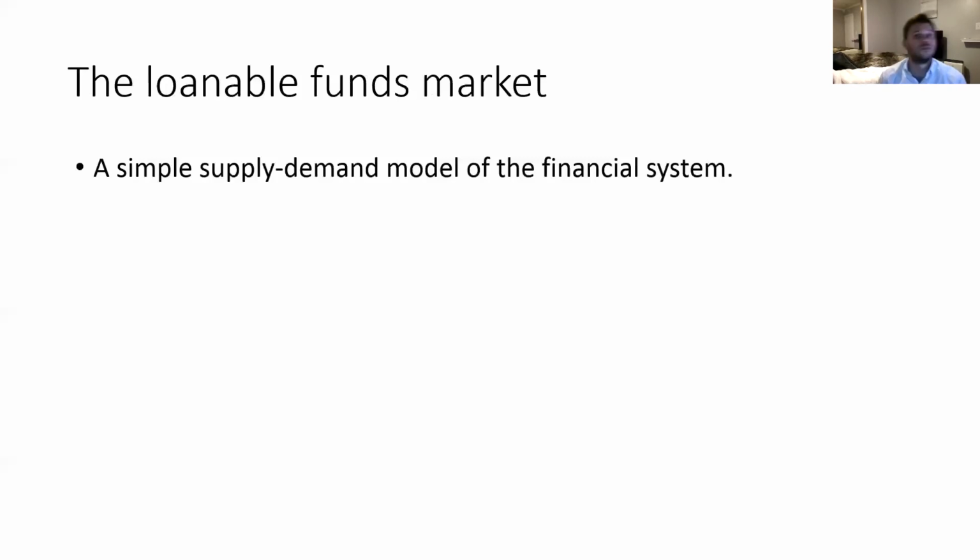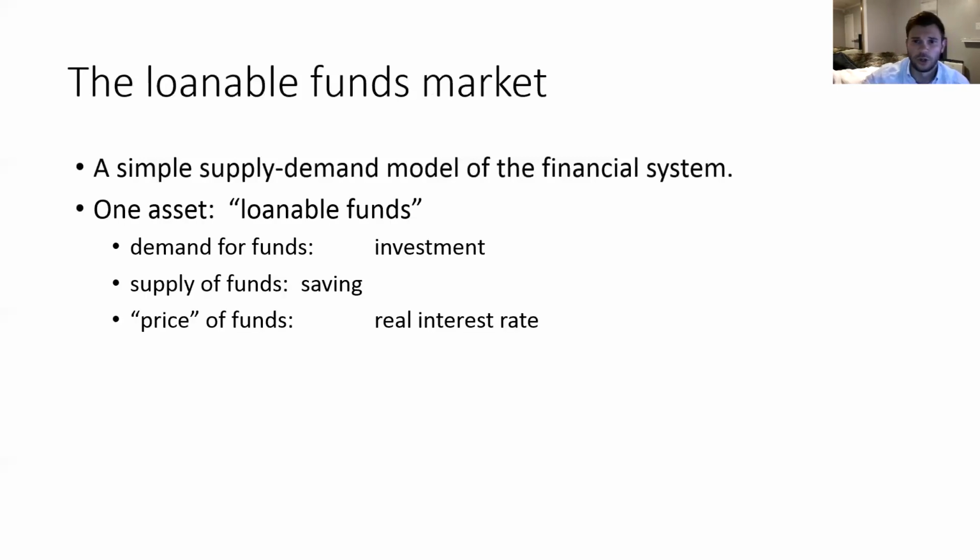So we kind of have two markets in this model, two flip sides to the same coin of the macroeconomy. There's a market for goods, really in which there's only one good in our model that we're calling output. And there's a market for a financial asset, which we are calling loans or loanable funds. The demand for these funds, again, we've defined as investment. And the supply of these funds is coming from our saver.